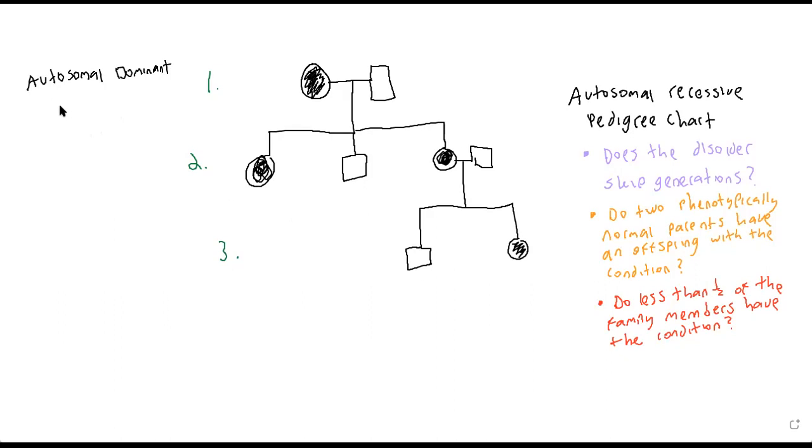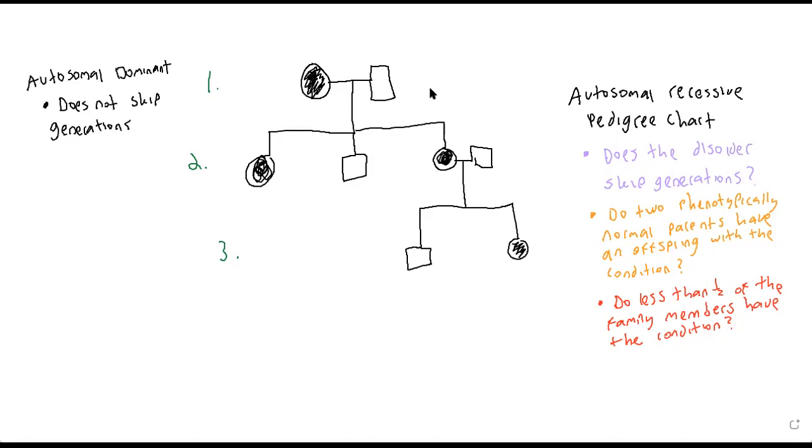Now, in this case, unlike recessive, it does not skip generations. So the question is, does the disorder skip a generation? It does not skip generations, so you see it present in every generation.